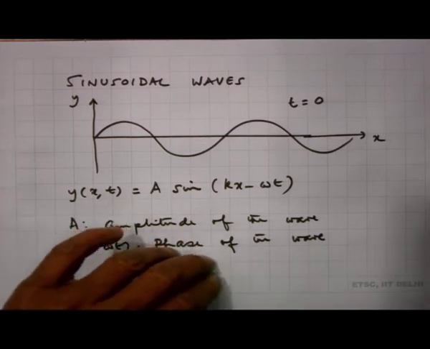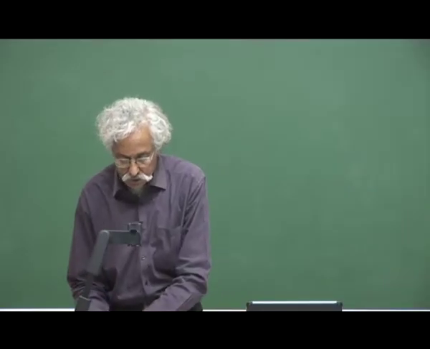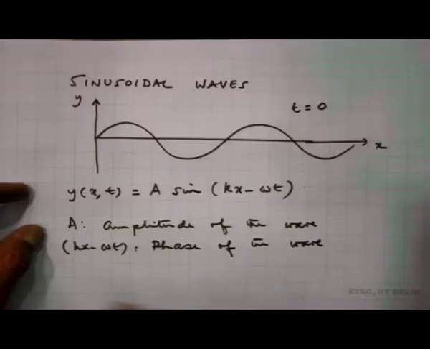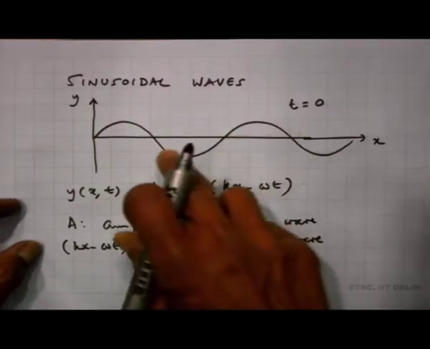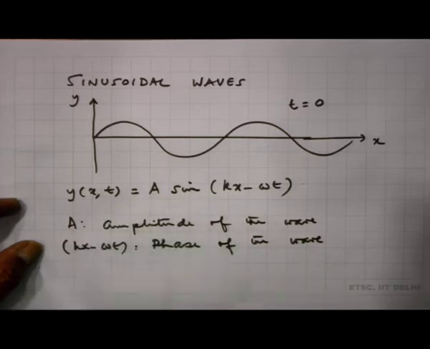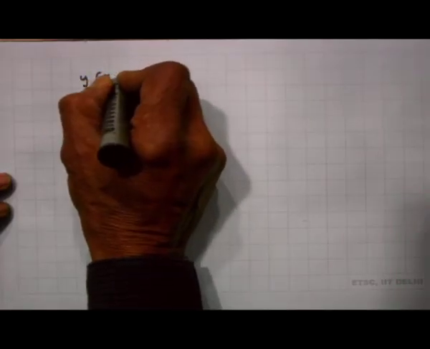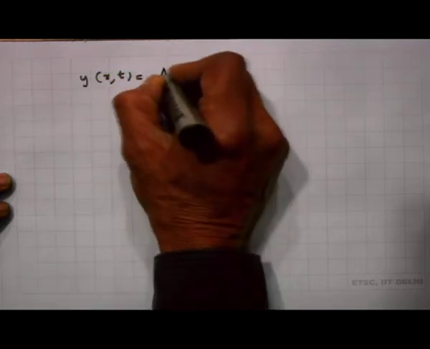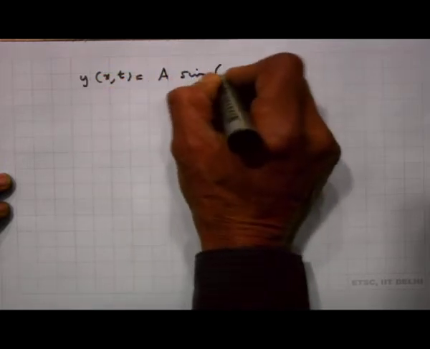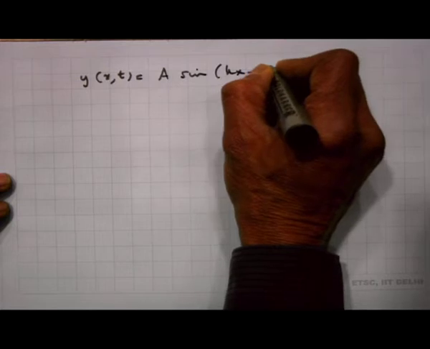So, let me try to draw two pictures here. One is I look at this wave at a given instant of time. Let me redraw the figure here. So, the general wave is described by y(x,t) equal to a sin(kx - omega t).